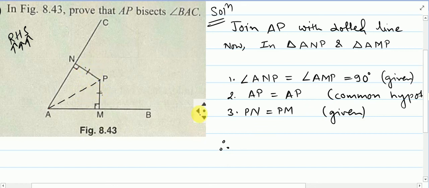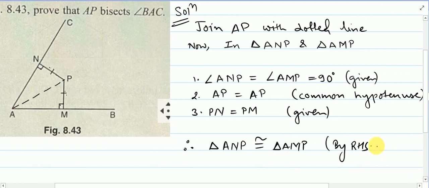Clear? So triangle ANP is congruent to triangle AMP by the RHS axiom. Clear?